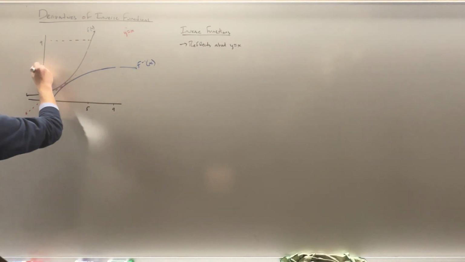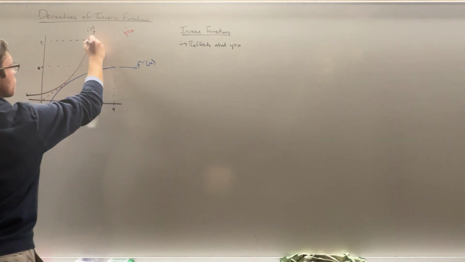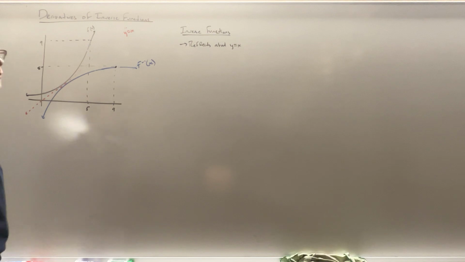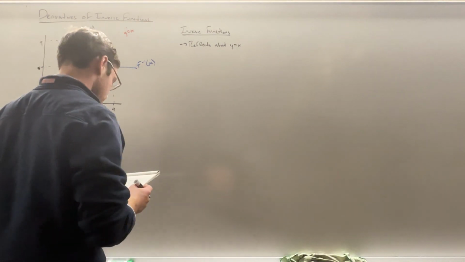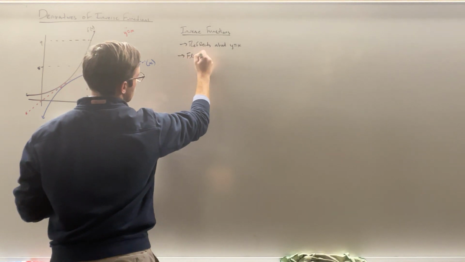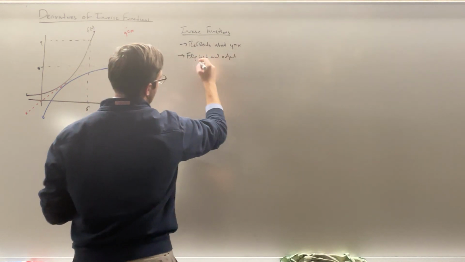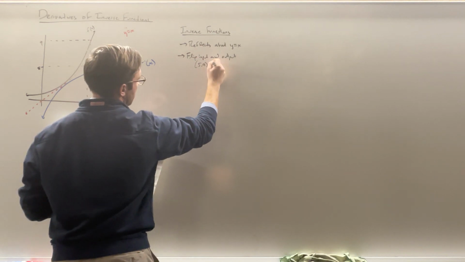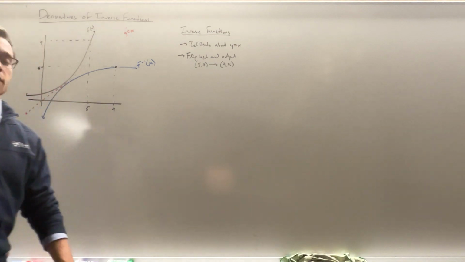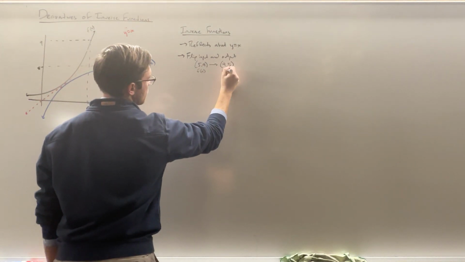It's 9, 5. So if 5, 9 exists on the original function, then 9, 5 exists on the inverse function. So we can say that we flip the input and the output. That is, 5, 9 maps to 9, 5 for the inverse function. I'll write that here. This is f of x, and this is f inverse of x.